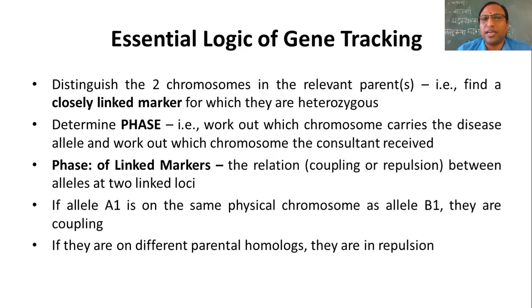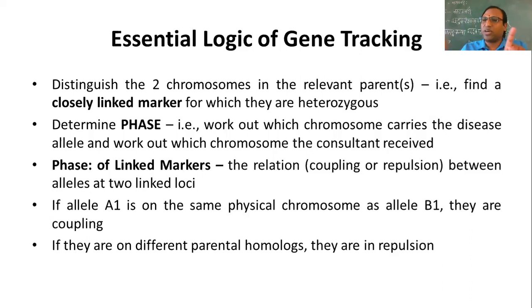And the phase of the linked markers is the relation, that is coupling or repulsion between alleles at two linked loci. If allele A1 is on the same physical chromosome as B1, that is, if they are both nearby, they are in coupling.